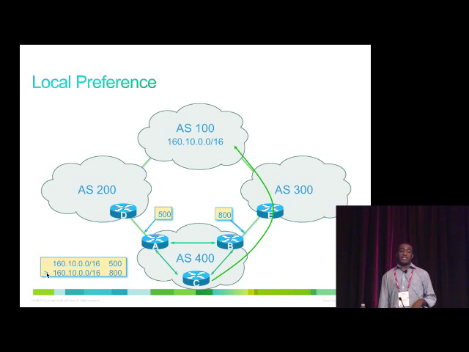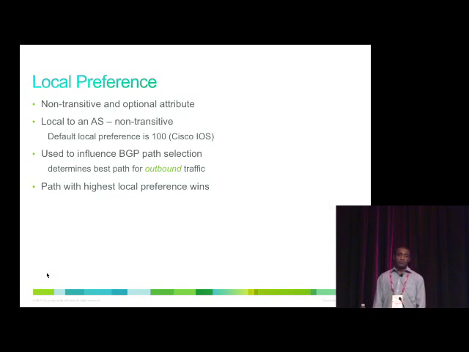That local preference is advertised along the route to C, but when C sends updates to another eBGP neighbor, it will not set the local preference. It will remove the local preference. So local preference is transitive and it's optional. It's non-transitive, sorry. And it's used to influence how traffic is going out of the autonomous system.